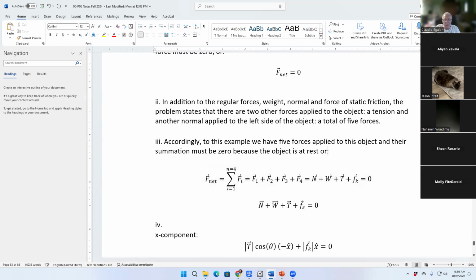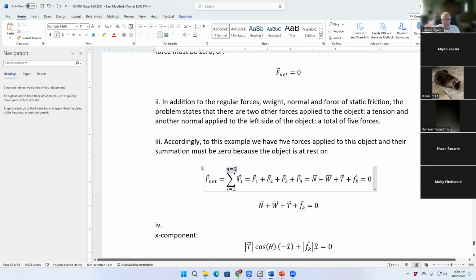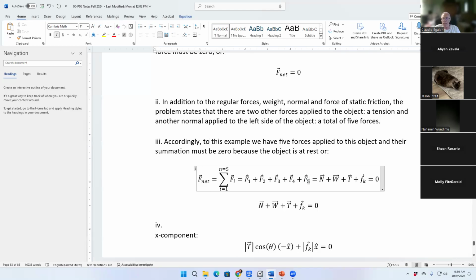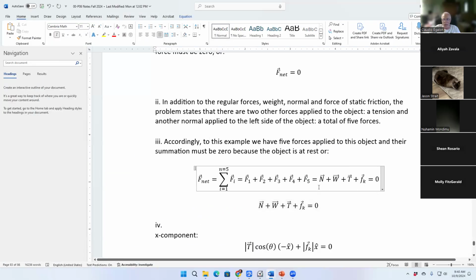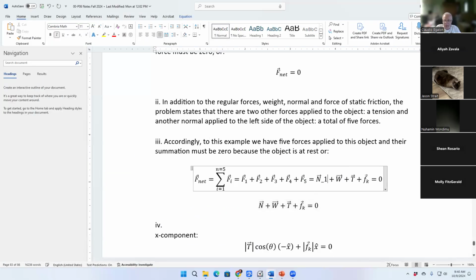Or, net force is equal to 0, but now n is equal to 5. We have to add a 5th force in the summation. This normal is going to be, as I stated, N1, and you have N2 there.